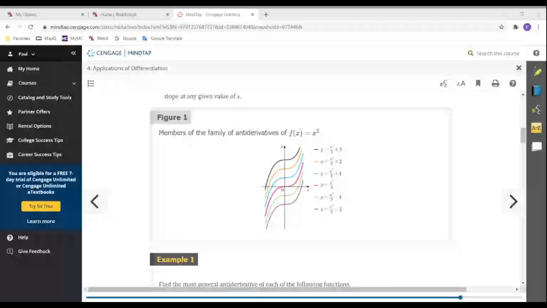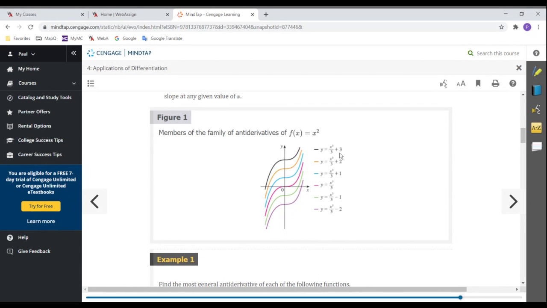Yep, that's what we want. Now the picture makes sense. Because of that constant of integration in the antiderivative, there are a lot of antiderivatives.